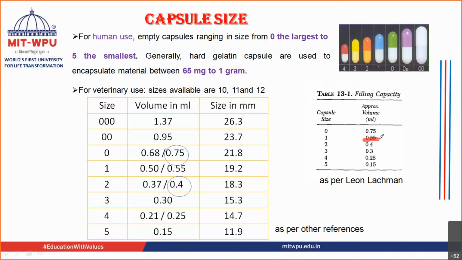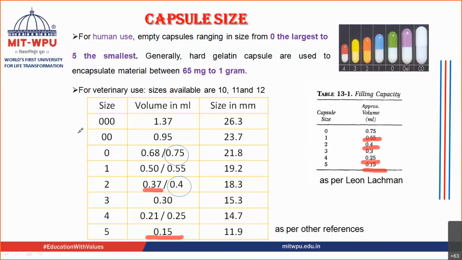Size 3 is 0.30, here also it is 0.30. Size 4 is 0.21, here it is 0.25, and size 5 is 0.15, here also it is 0.15. So there is a little bit of difference. This is the table that I have prepared for you, where I have given the figures of Lachman and the figures of other literature also.